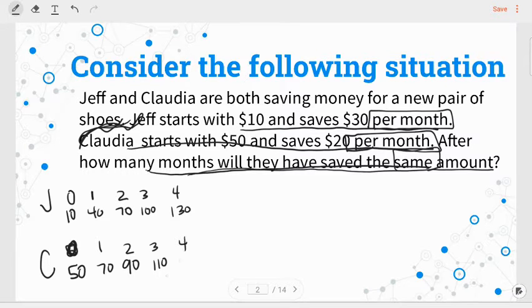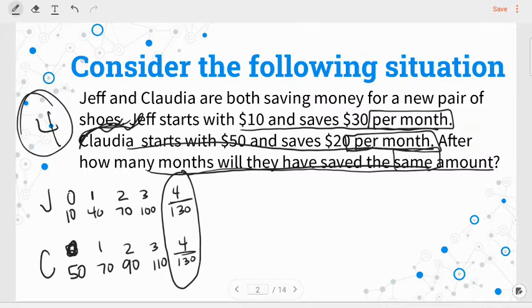And for Claudia, plus 20 is 130. So there you have it. On month 4, they both have saved $130. So that's the answer to my question: after how many months will they have saved the same amount? 4 months. So my answer, 4.